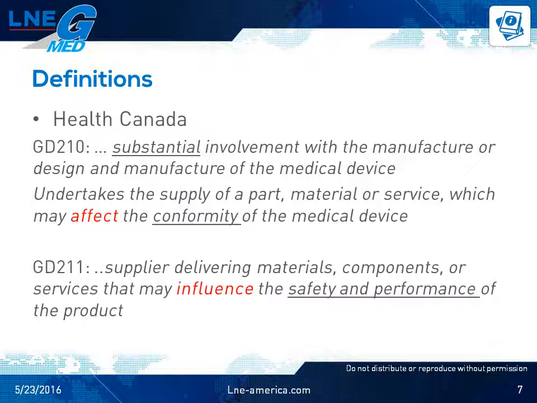This evaluation is key in defining the need or not to audit the suppliers or subcontractors as part of the legal manufacturer's certification process. Note that the on-site audits of the critical subcontractors are not to be construed as a second-party audit on behalf of the legal manufacturer.